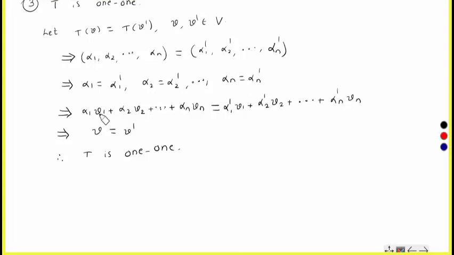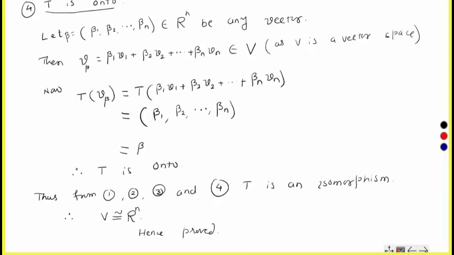This implies alpha 1 phi 1 plus alpha 2 phi 2 plus and so on, alpha n phi n is equal to alpha 1 dash phi 1 plus alpha 2 dash phi 2 plus and so on, alpha n dash phi n. This is nothing but phi and this is nothing but phi dash. So phi is equal to phi dash. Therefore T is a 1-1 map.